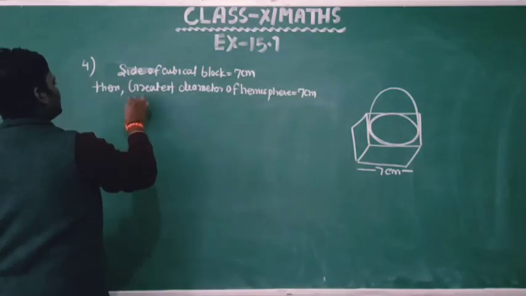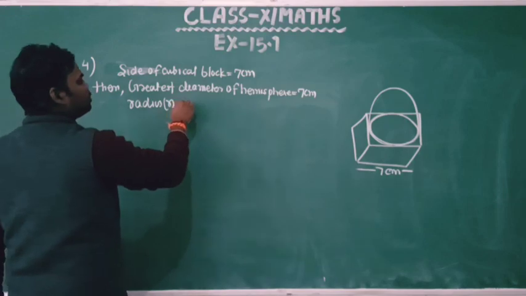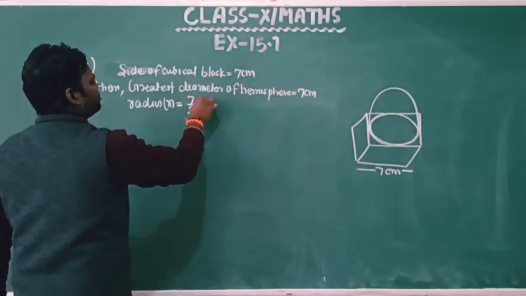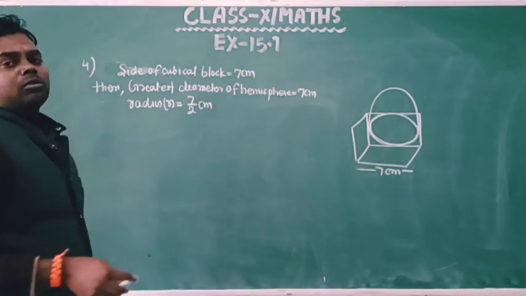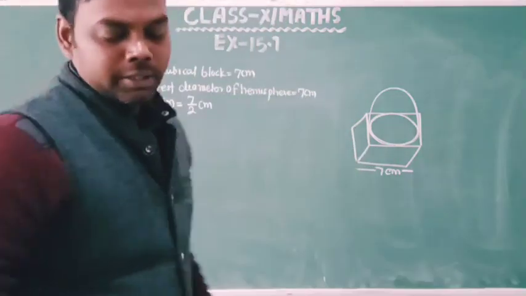Then the radius is equal to 7 by 2 centimeter, and we also find the total surface area of the solid.